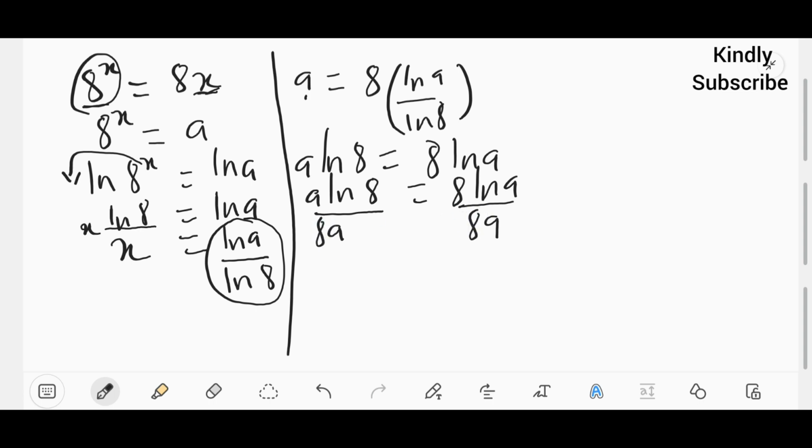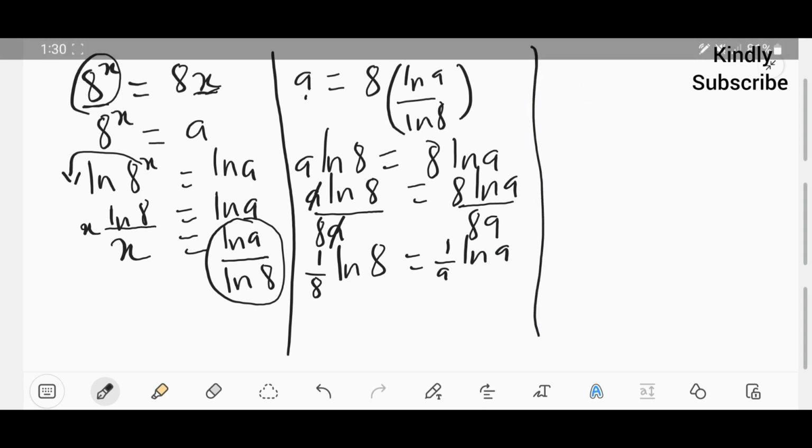So in short, dividing both sides by 8a. So this a cancels out this a over here, so we get 1 over 8 ln of 8 equals 1 over a ln of a. All right, now from here we are just applying the Lambert function.